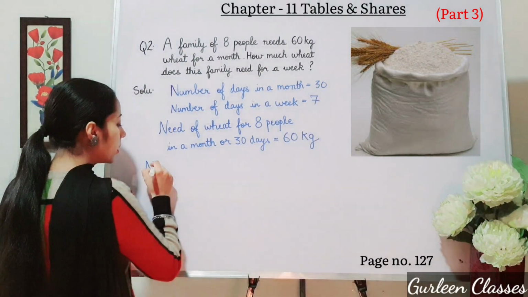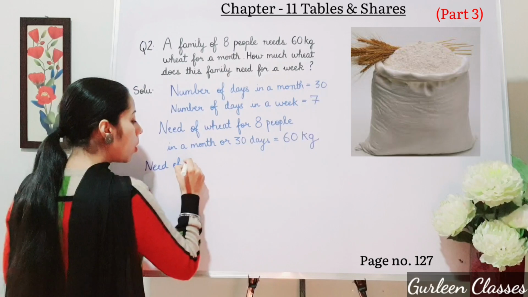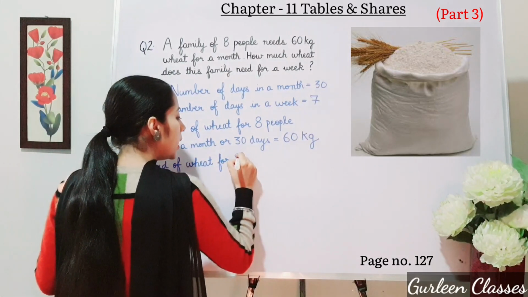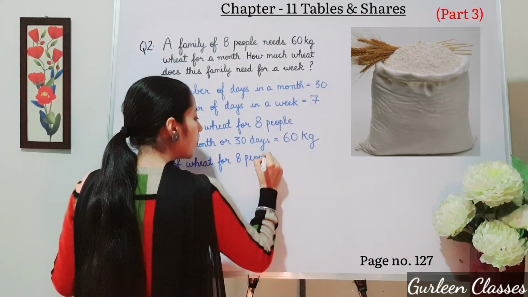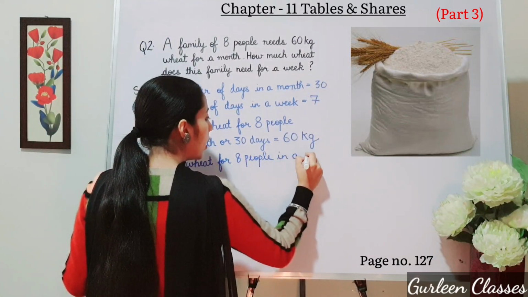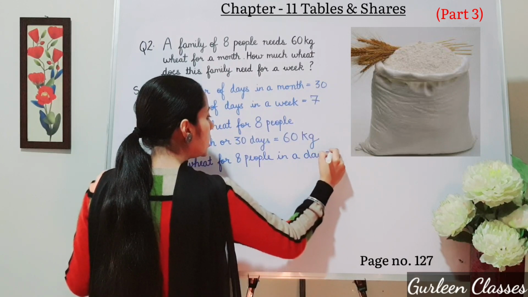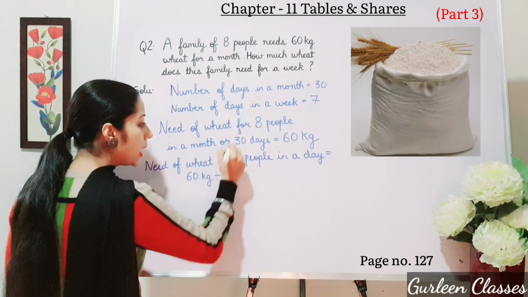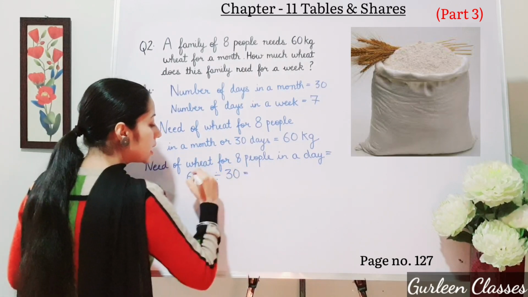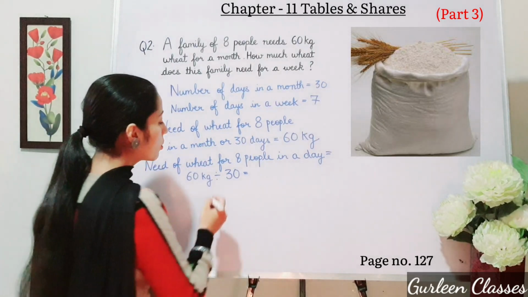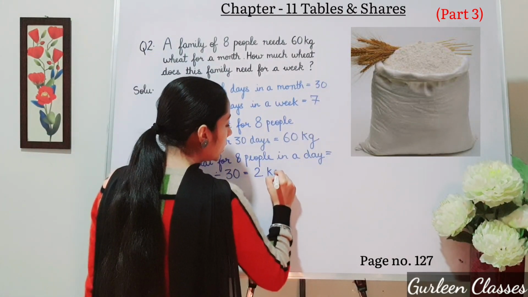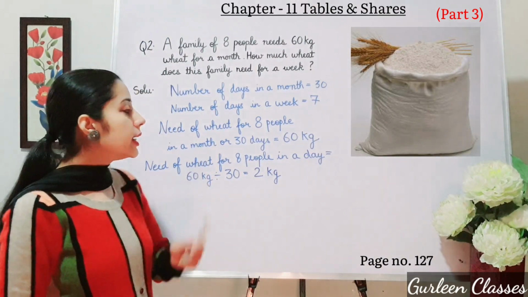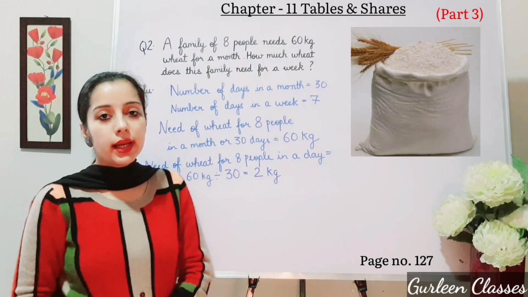So write here need of wheat for 8 people in a day is equal to, we will divide 60 kg by 30. So 60 divided by 30, 2. So write here 2 kg. So now we will write, therefore we need 2 kg of wheat for 8 people in a day.